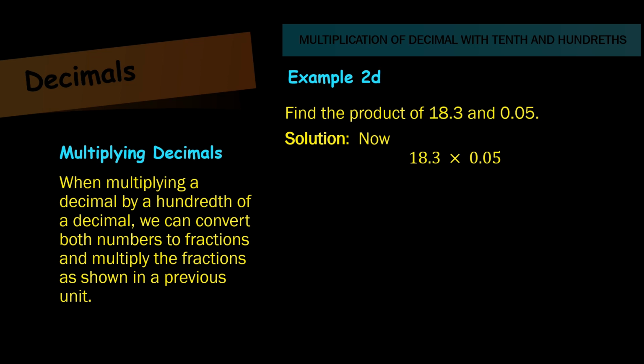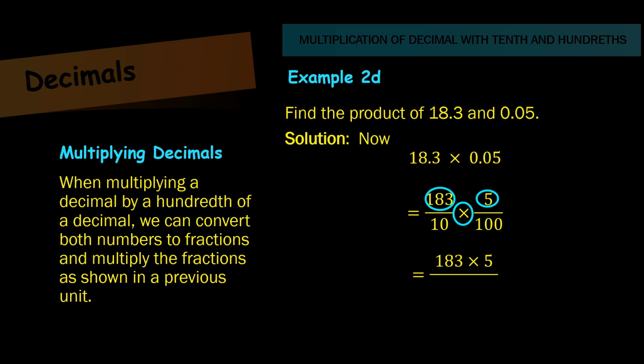When multiplying a decimal by 100th of a decimal, we can again convert both numbers to fractions and multiply the fractions as shown in a previous unit. So let's try the example on the screen. Begin by converting the decimals to fractions, as shown.